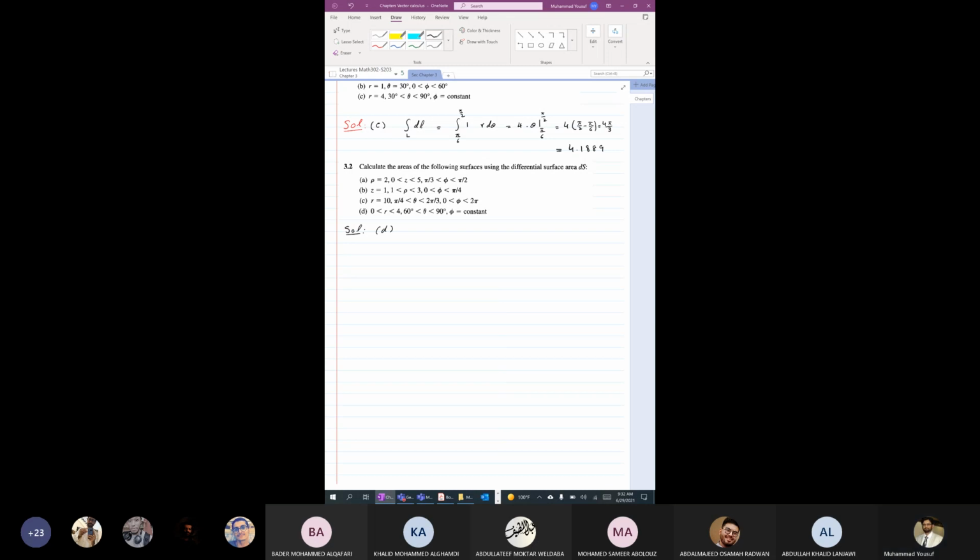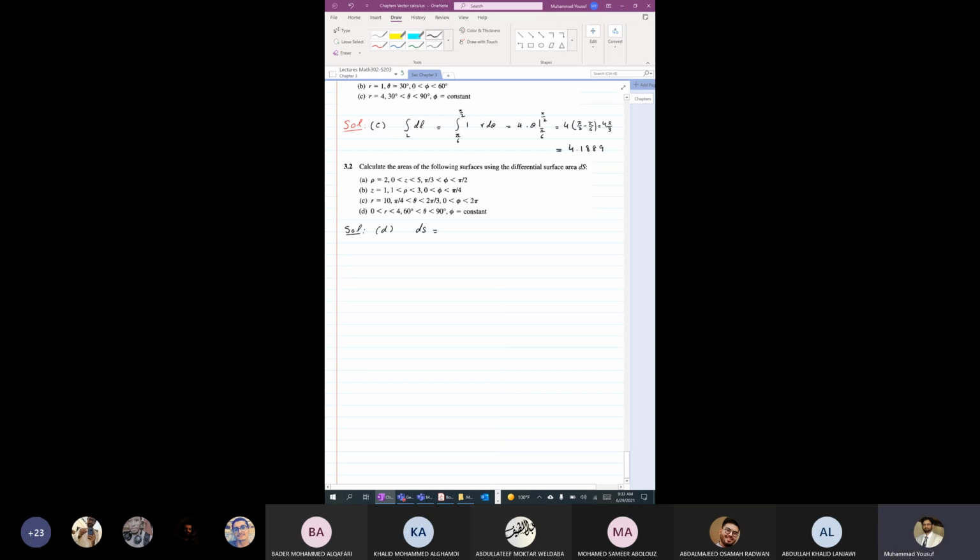So ds for this will be with dr and d theta, because phi is a constant, so d phi is 0.